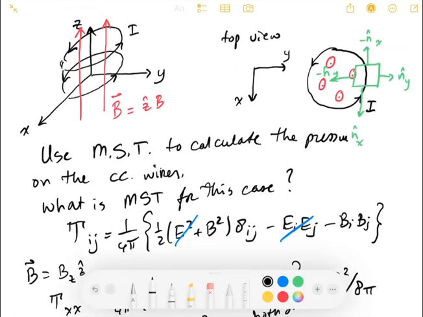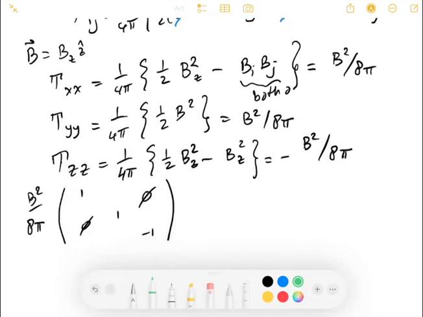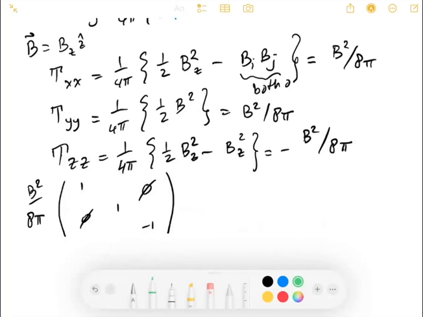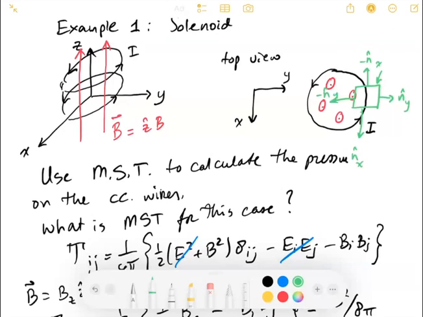Let's look at this top one first. We know that the stress tensor inside of the volume has this b squared over 8 pi, and it's 1, 1, minus 1. But it's the same on the top as it is on the bottom.